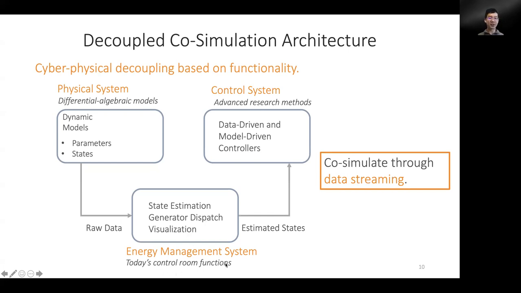Some energy management system functions, such as the generator dispatch, will output control signals along with the control system back to the physical grid. Those signals will be received by the actuators and generate set points to form a closed loop. As we can see, we take measurement out of a physical system, going through the EMS and control system and back to the physical system.